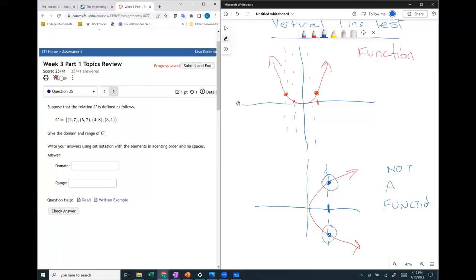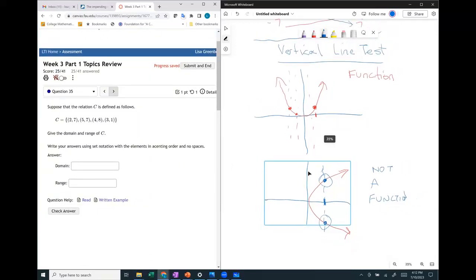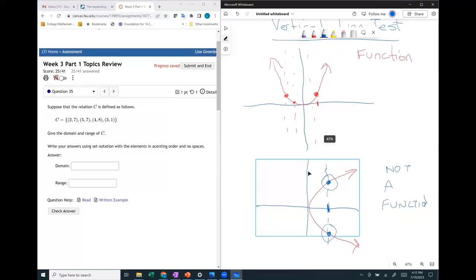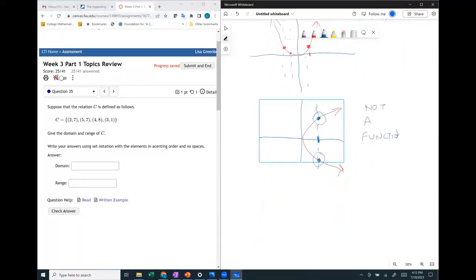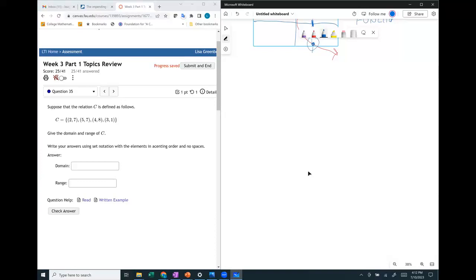All right. So I have a relation here. They're not saying it's a function or not a function, because functions are relations, but relations aren't always functions. Functions are always relations. Relation is the bigger umbrella. Under relations, you have functions and non-functions.